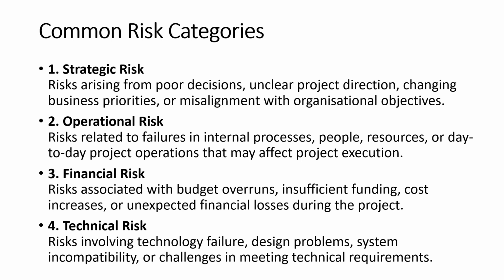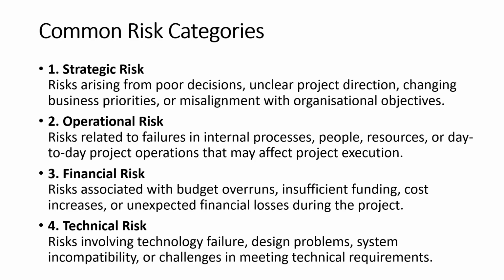This relates to money and budget-related uncertainties. Examples include budget overruns, insufficient funding, rising costs, or unexpected financial losses that may affect project progress. Financial risks are common in many projects, especially where cost estimates are uncertain.